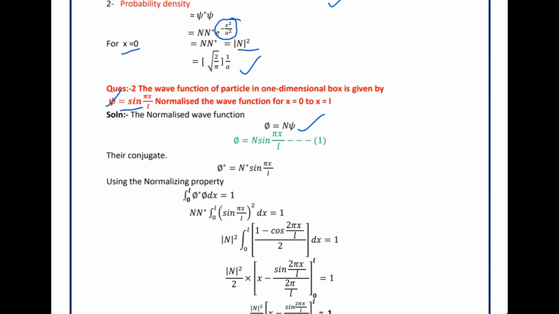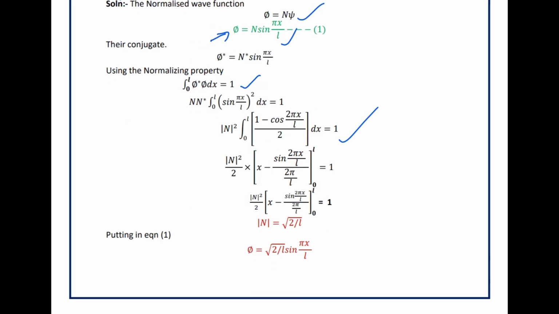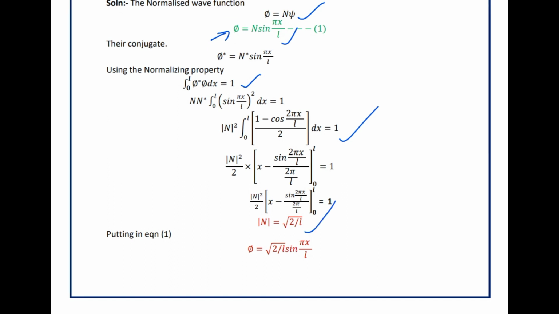Now apply the normalizing condition on the new wave function phi: integral phi star phi dx is equal to 1. Sine square pi x by L is converted into 1 minus cos 2 pi x by L, over 2, and integrating you will get the value of n is equal to under root 2 by L. Now putting in equation number 1, you will get the normalized wave function under root 2 by L sine pi x by L.